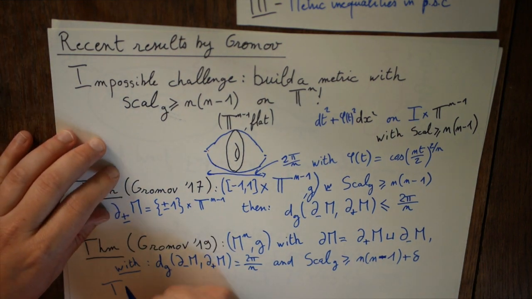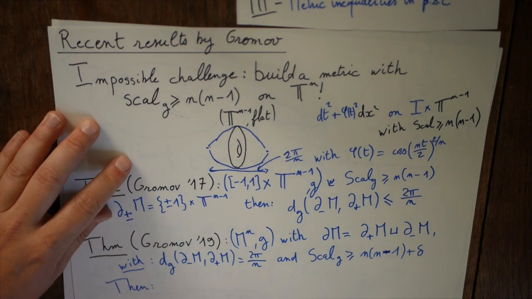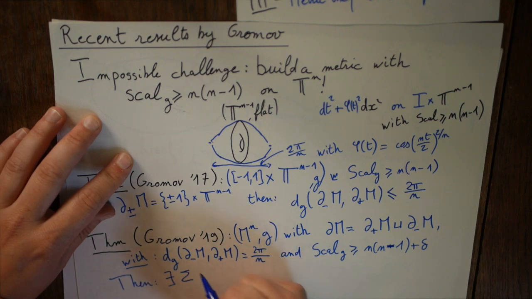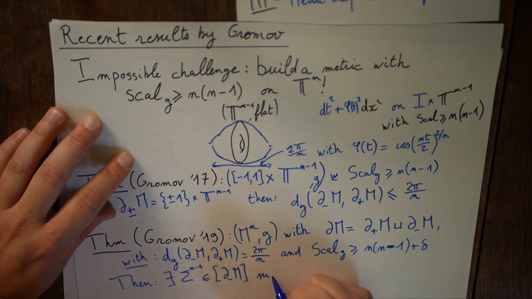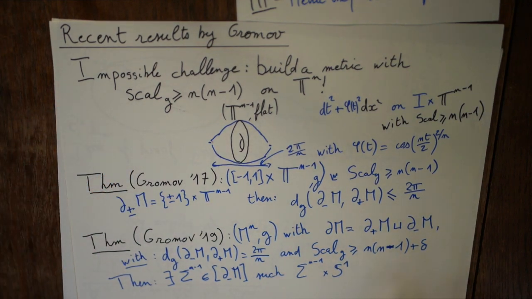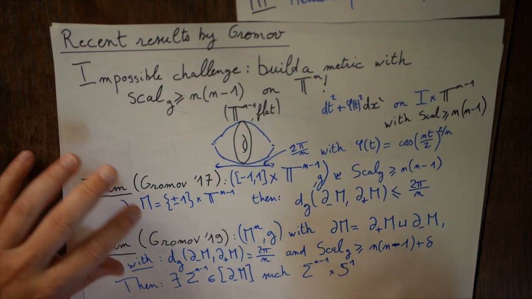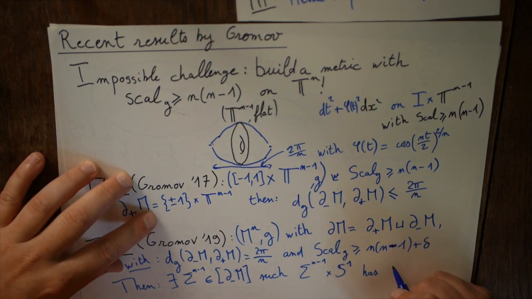Then there exists some hypersurface Sigma^(n-1) which will be homologous to one of the boundary components, and such that Sigma^(n-1) times S^1, when you basically look at the second variation of this mu area functional and build a warped product metric as we did in the usual Fisher-Colding symmetrization, and so this new metric has scalar curvature greater than delta.